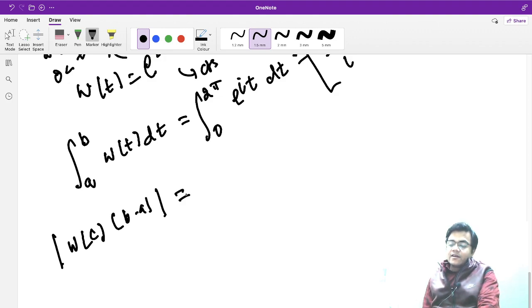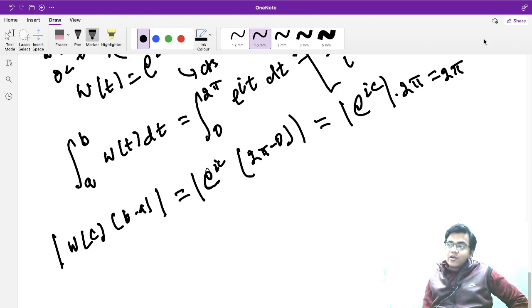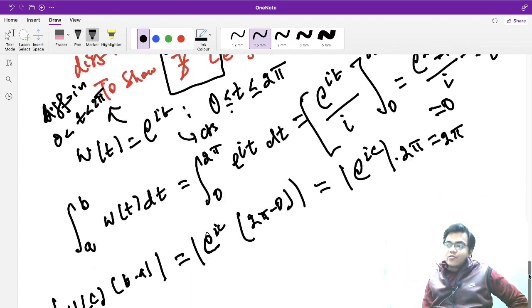W of c means e to the power iota c, as your function is defined, and into b minus a, so 2 pi minus 0. So finally this is going to become e to the power iota c into 2 pi, whose modulus is 2 pi. So in the RHS you get 2 pi.